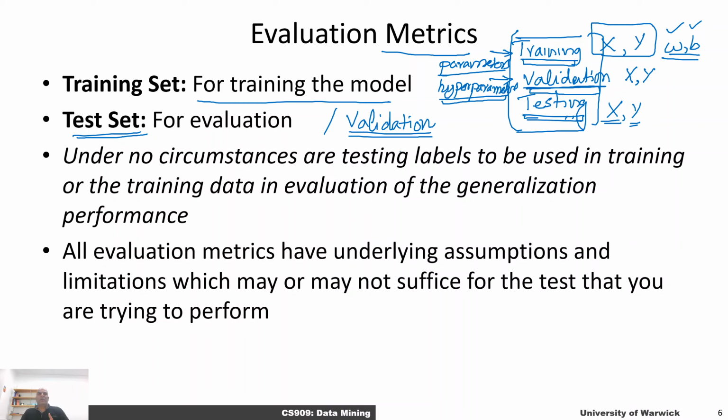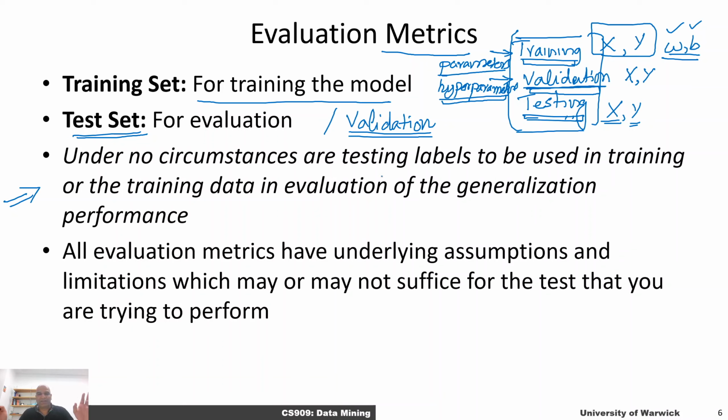Okay, the golden rule is the following: under no circumstances are testing or validation labels to be used in training or in the evaluation of the generalization performance. It's a very simple rule, but it can be really hard to follow at times.